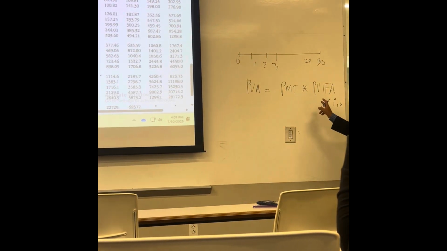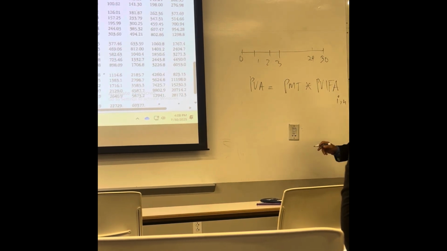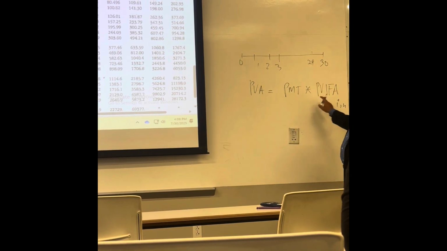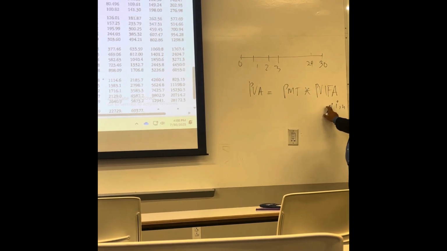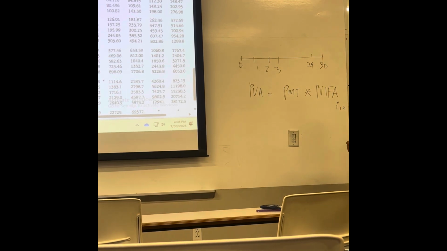Other than that, the two formulas are the same. So to find the present value of this annuity, you multiply the payment you are making by the present value interest factor annuity from the chart.